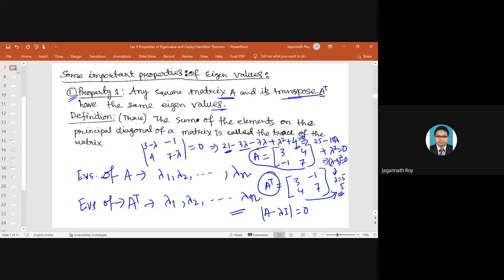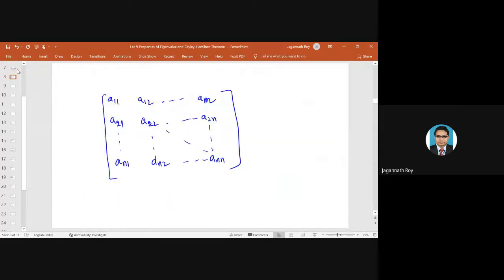Because we are talking about eigenvectors and eigenvalues, it will be a square matrix.